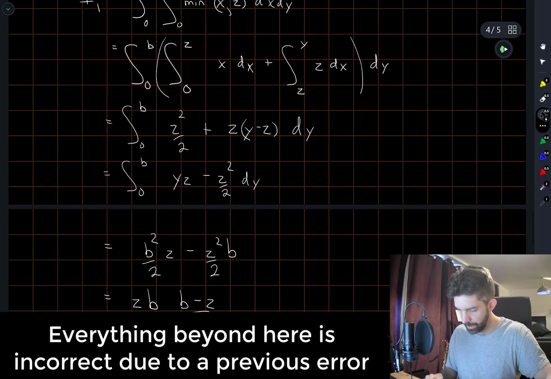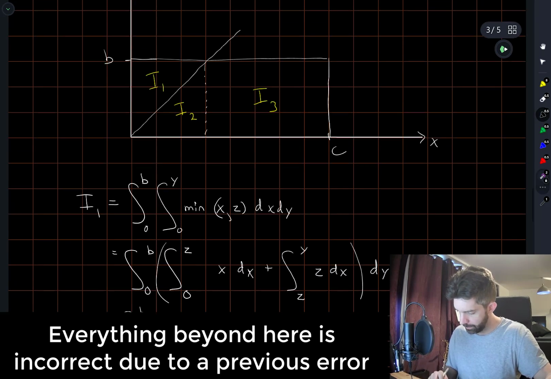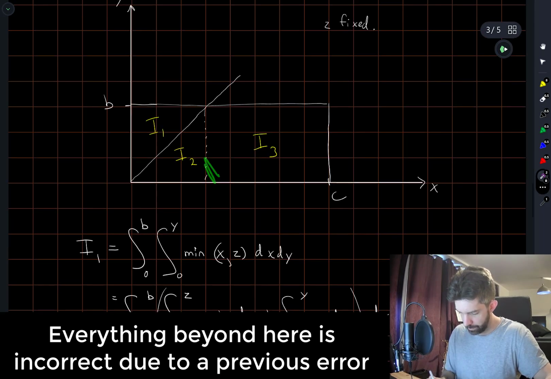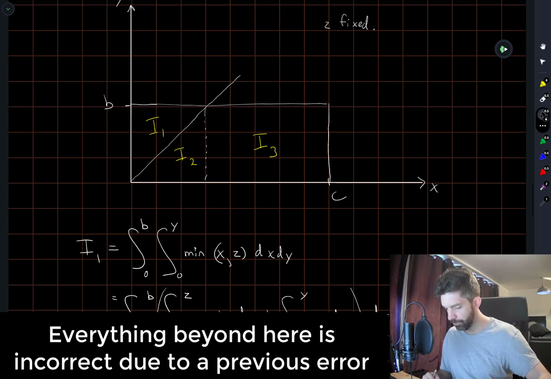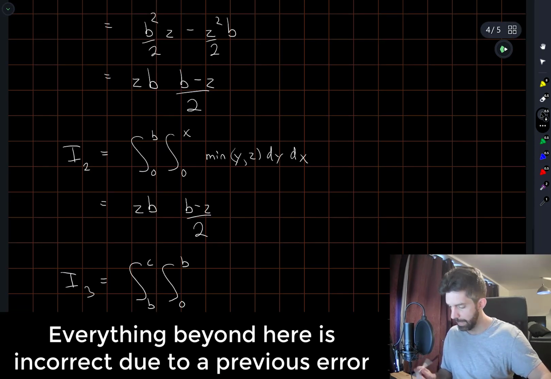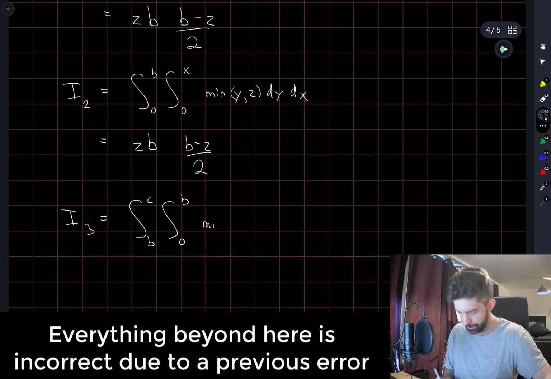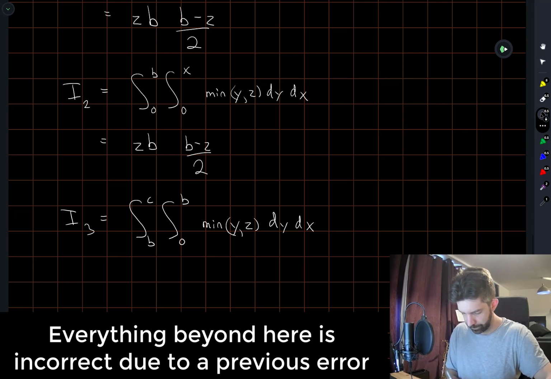In this region down here, y is less than x, so the minimum can never be x. So we again have the minimum of y and z. dy dx.